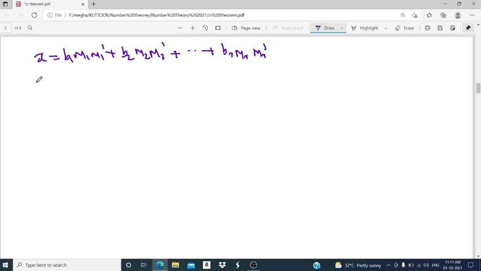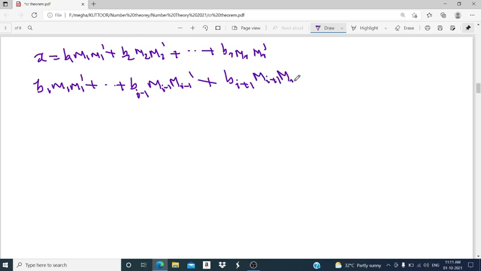Then we have b1 M1 M1 dash plus etc., b(i-1) M(i-1) M(i-1) dash plus b(i+1) M(i+1) M(i+1) dash plus etc., plus br Mr Mr dash is congruent to 0 mod small mi.